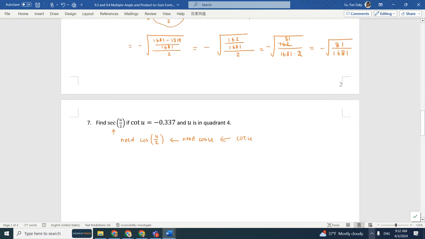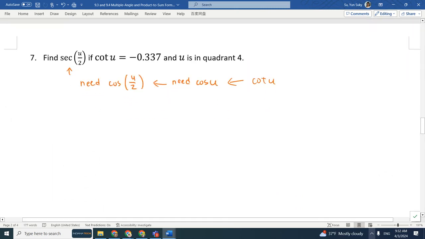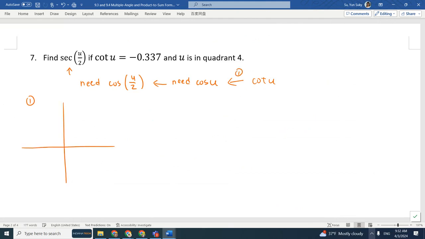Okay, given cotangent u, how do we find cosine u? And now you know u is in quadrant 4. So step 1. Quadrant 4, like here. So we know that's u. In quadrant 4, we have the x, y, and r.